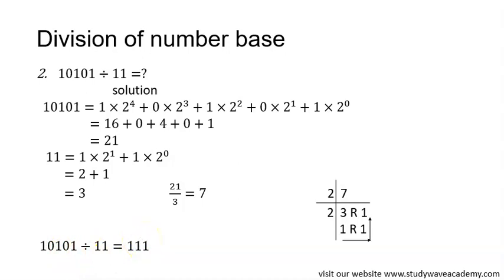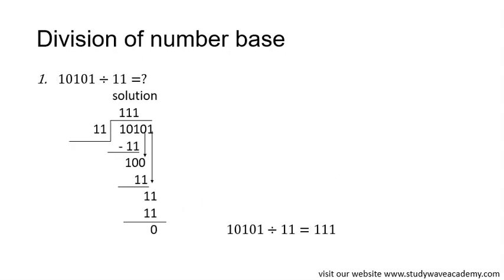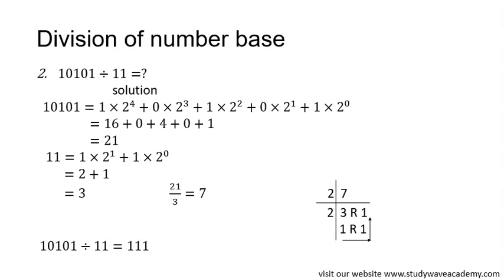Is it the same with what we got using the long division method? Let's check. You can see it's the same, right? 1 1 1. So you can either use the long division method, or you use this method. You change the number into base 10, change this other number into base 10.